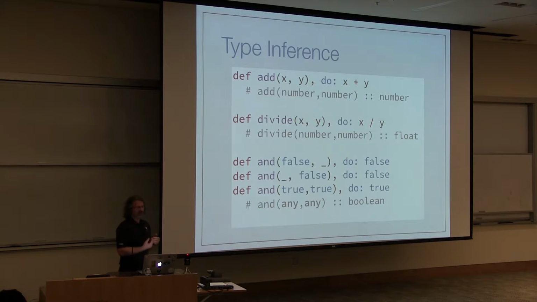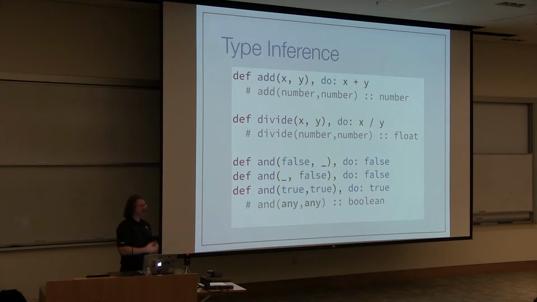So what does Dialyzer do with type inference for this one? Well, obviously the return type is going to be Boolean because in all three of these cases, it's either false or true. And those are all Booleans, of course. But if you look at the input parameters and what it inferred, it really couldn't make much sense of it. It's listed as any. You might expect that to be Boolean there, right?